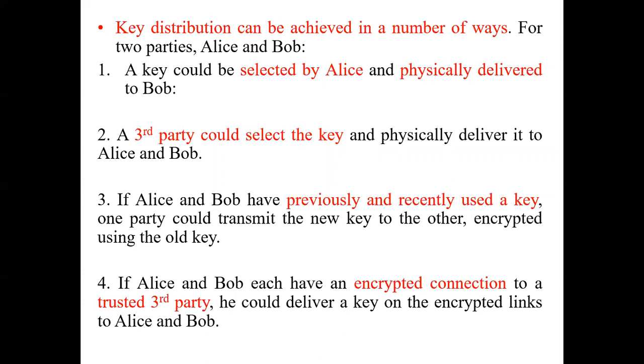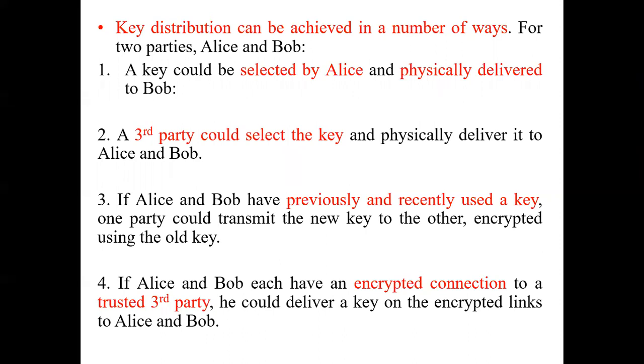The fourth option, both Alice and Bob can have an encrypted connection, a secure connection between them with a trusted third party. Then they can deliver the key through that trusted encrypted connection.